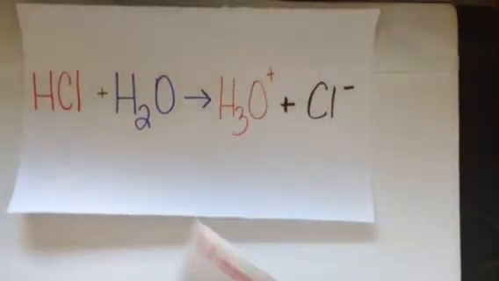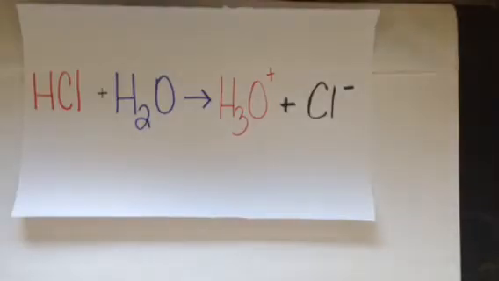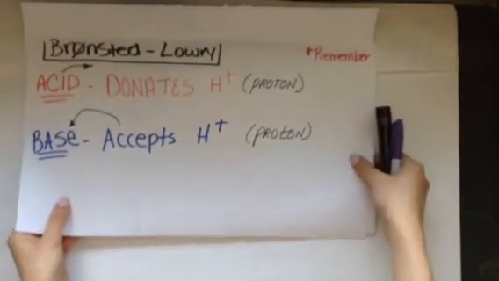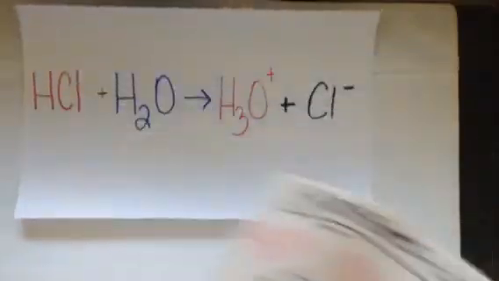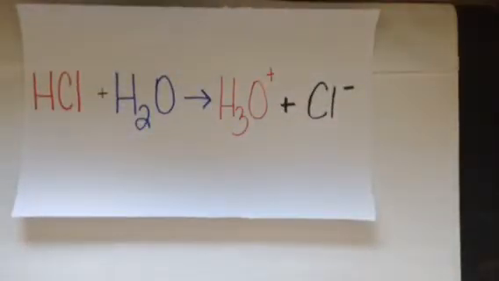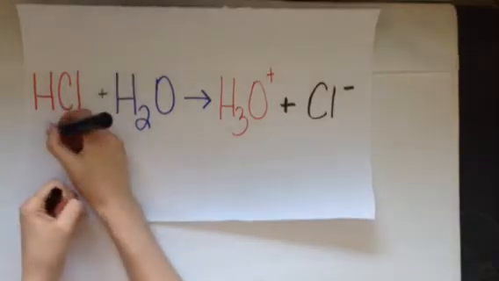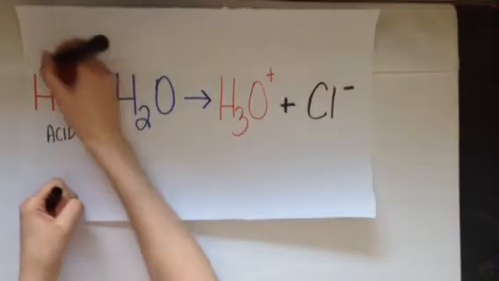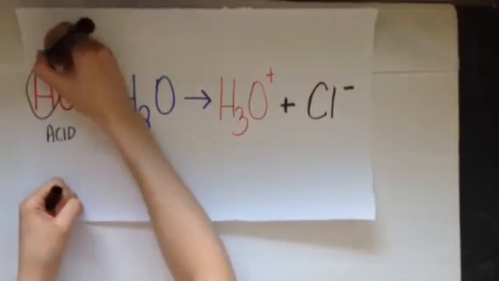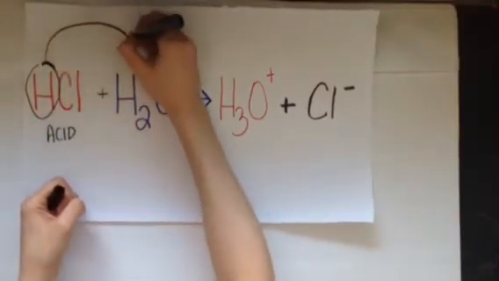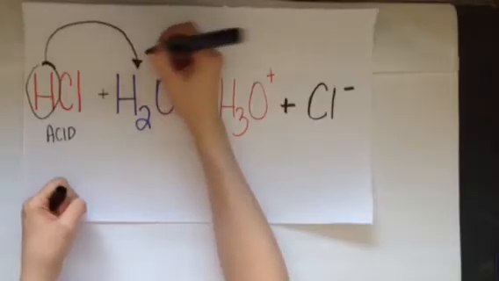Okay? So with that being said, let's ask ourselves then, who is doing the donating and who is doing the accepting? So let's apply our Bronsted-Lowry definitions. Remember, the acid donates and the base accepts. So the acid is this one seen here because it donates its one H+, let's draw an arrow, to the water.